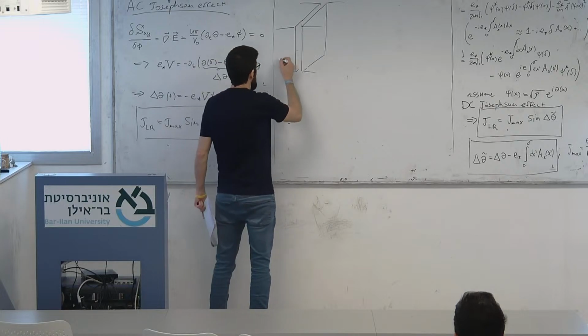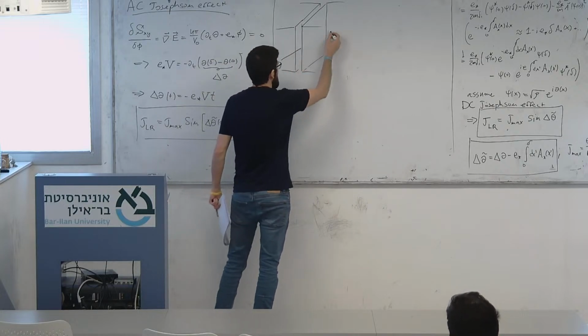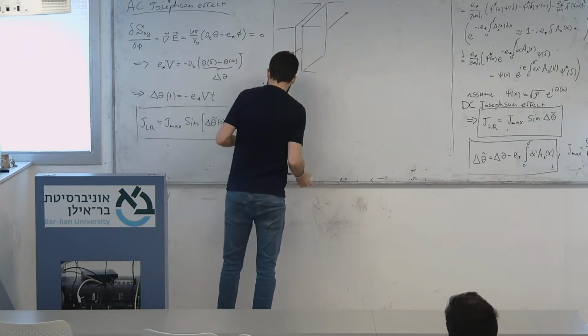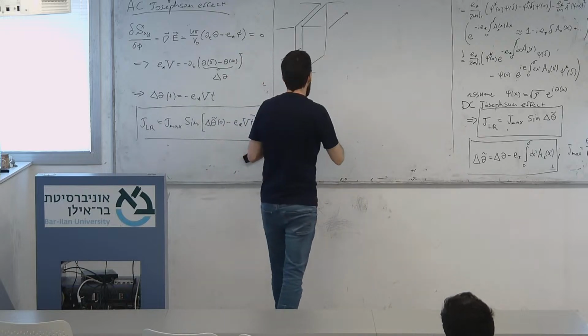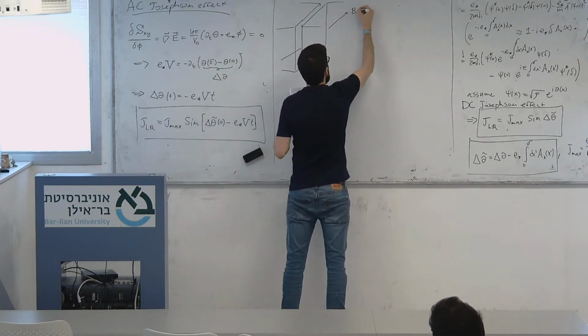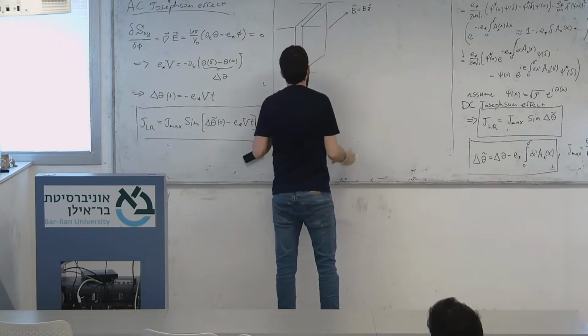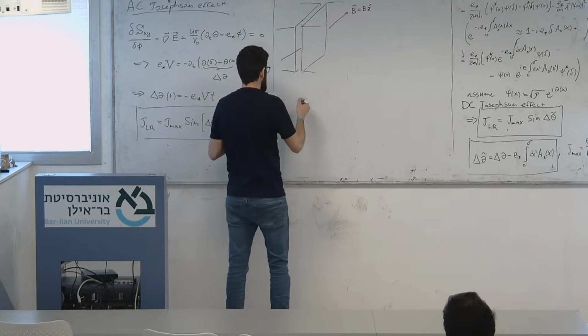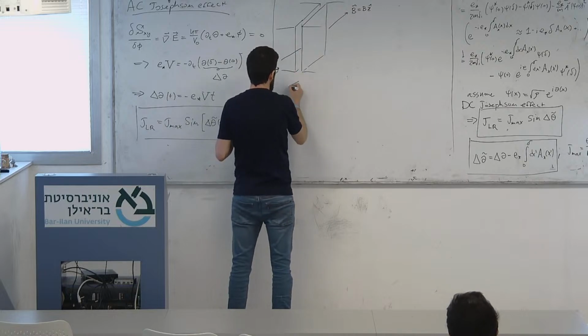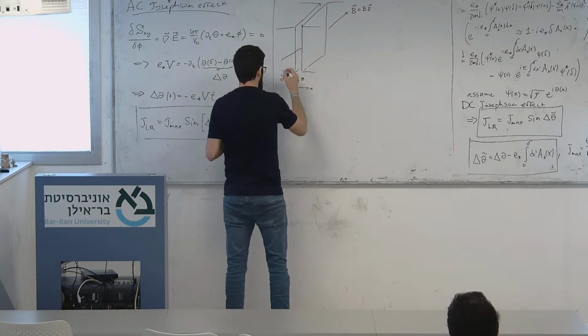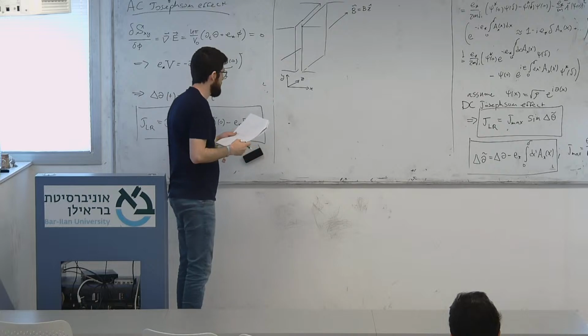And now I have a magnetic field which is penetrating like this. So we have B equal to B times Z, and the coordinate system is like this. So this is the X direction, this is the Z direction, and this will be the Y direction. Okay?